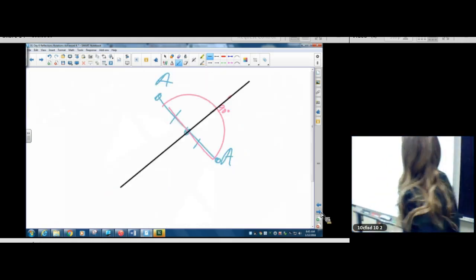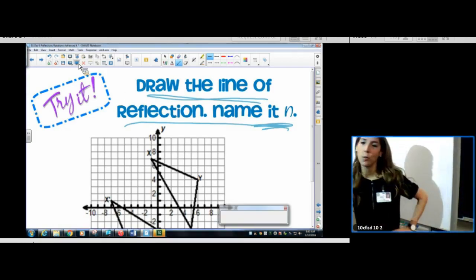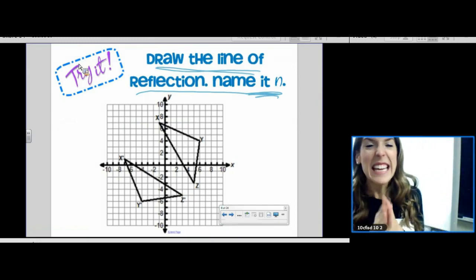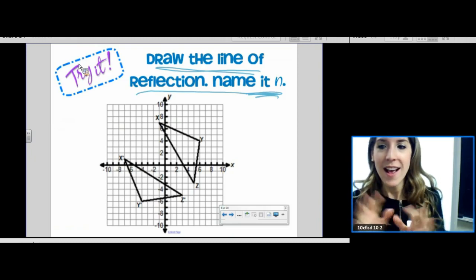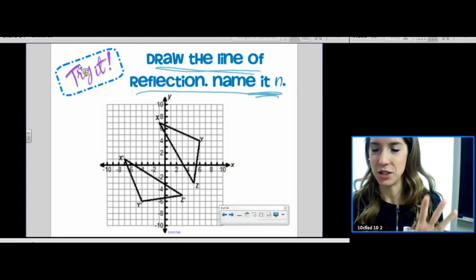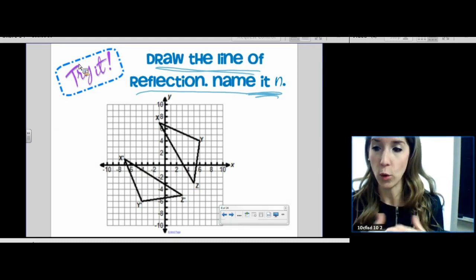All right. Now, the story changes when we're on the coordinate plane, because we can find the line of reflection even more precisely. We can be perfect on the coordinate plane as long as all of our points are on integers. But anyways, we can be perfect because we can use what we know about coordinate geometry.